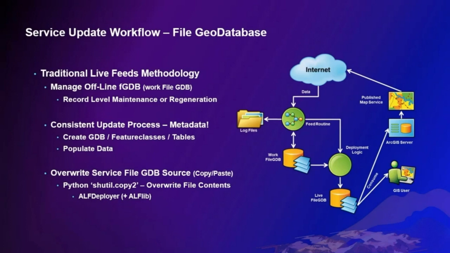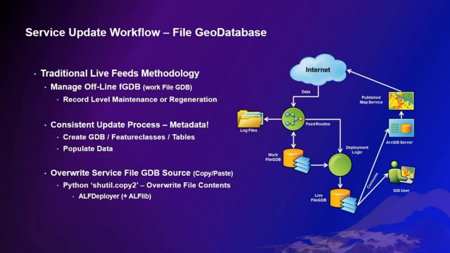And once you've populated your data, then you can actually leverage the ability to overwrite the file GeoDatabase files. What we've done in the past is use Python's shutil copy utility that can copy file to file, and it overwrites the content of the file, not the file itself.